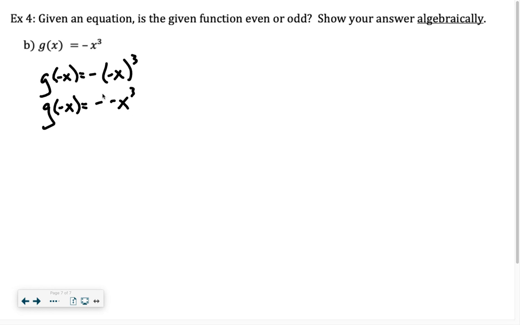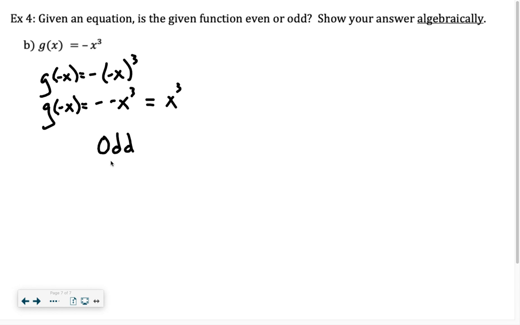So I actually have a double negative now. Remember, we cannot distribute this negative inside the parentheses. Exponents need to come first. So I need to raise this to the third power first, and then multiply this negative sign in. So the double negative becomes a positive x cubed. In this case, I get the exact opposite of what I started with. I started with negative x cubed. I end with positive x cubed. That means that this is an odd function.